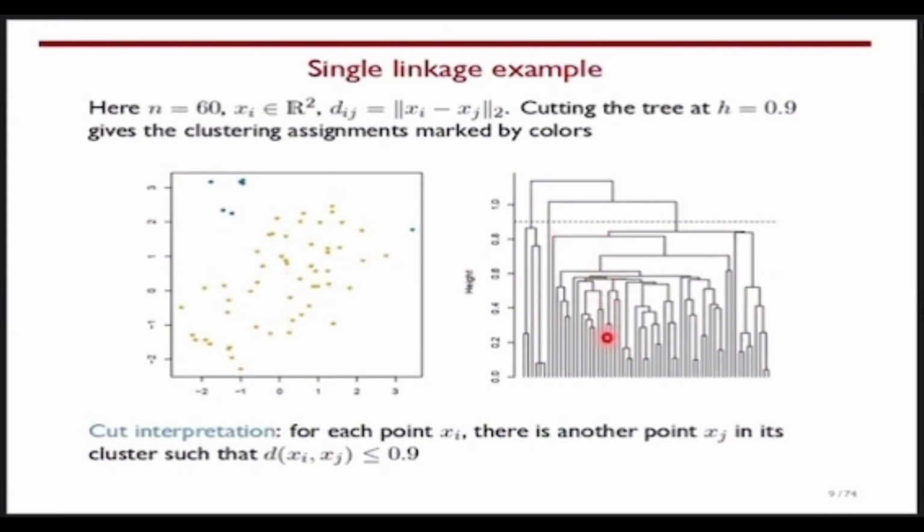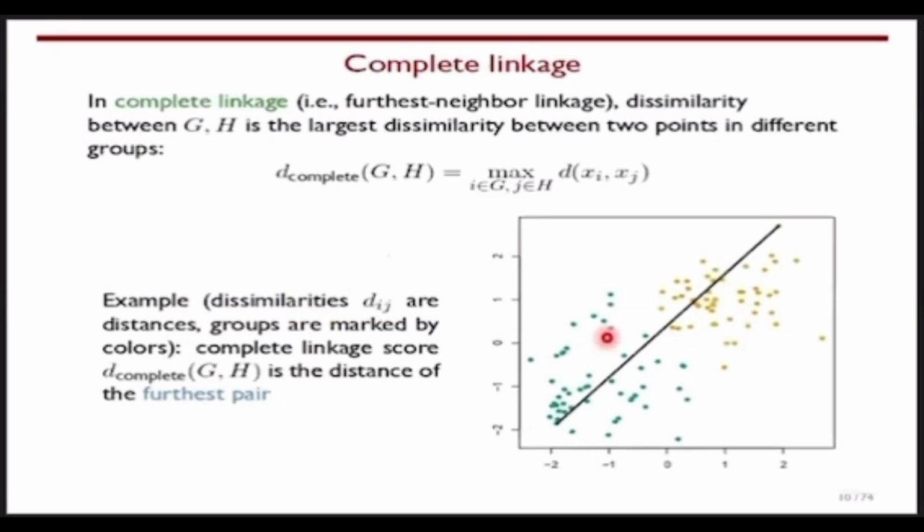Now, if I go to complete linkage, what do you see? The number of blue is more, right? Because complete linkage makes an attempt to minimize the maximum distance between clusters.